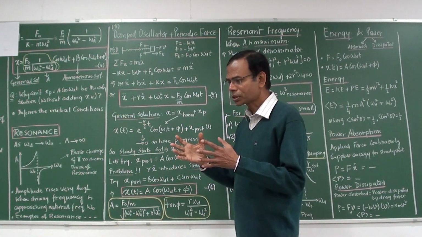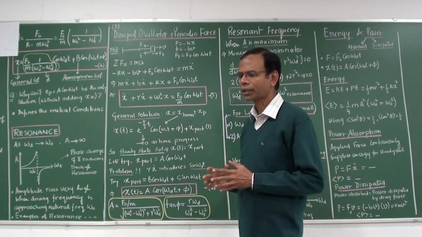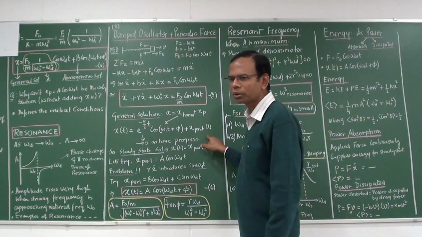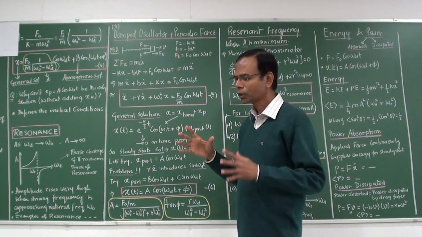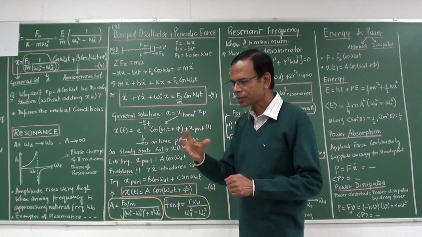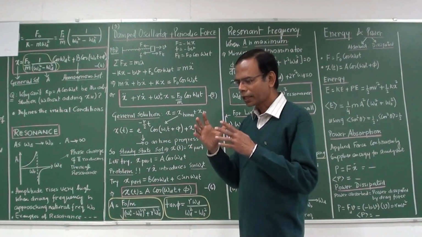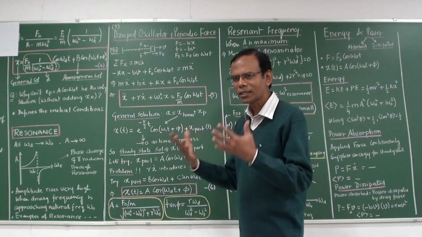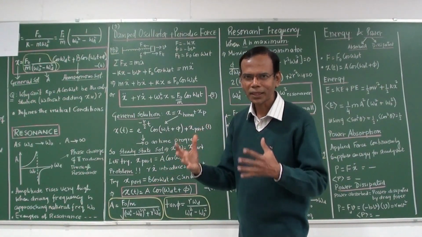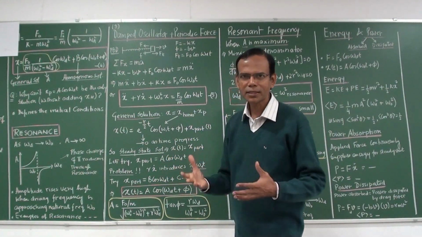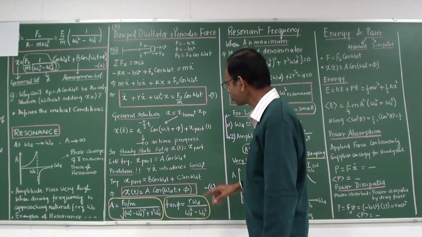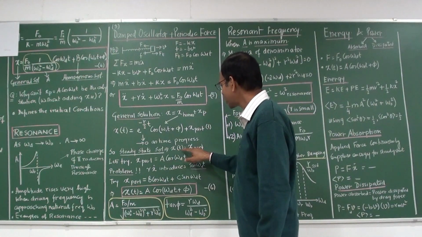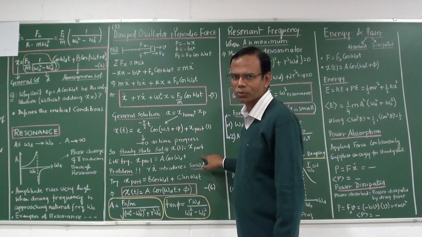But if I am interested in a very short amount of time, we have to consider both these solutions. But presently we are not interested. Since we are giving a force f0 cos omega d t, we would like to see the steady state solution, that is, after time t, what actually the steady state solution is. I hope it is clear to you. So the steady state solution x t is equal to x particular.